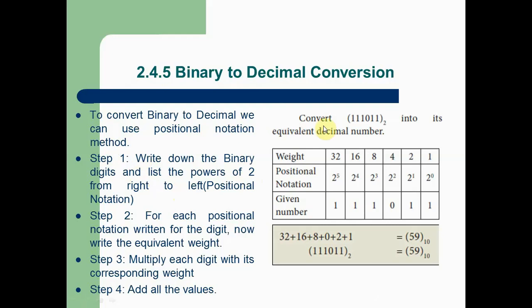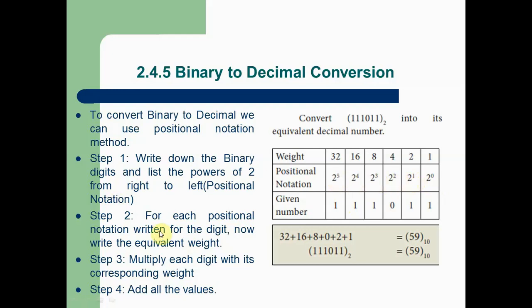We write the given binary number in separate boxes like this, and write the powers of 2 from right to left in positional notation: 2 power 0, 2 power 1, 2 power 2, 2 power 3, 2 power 4, 2 power 5.